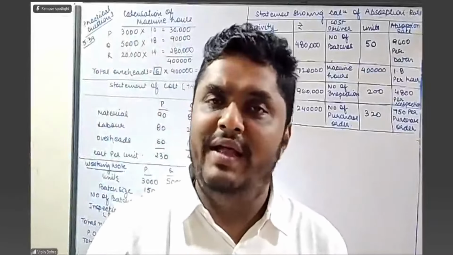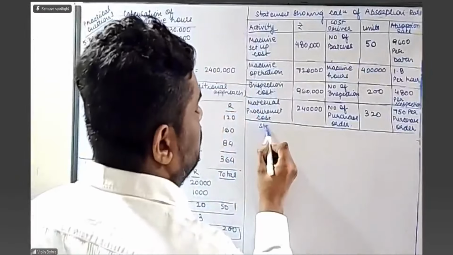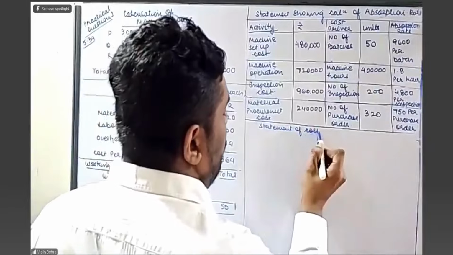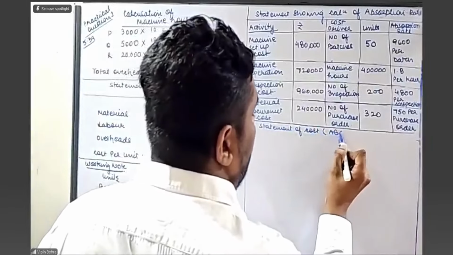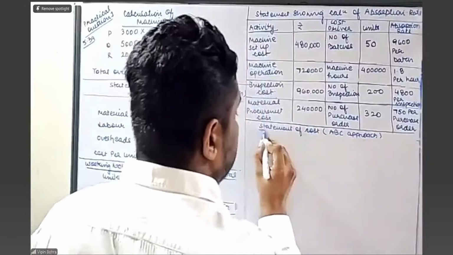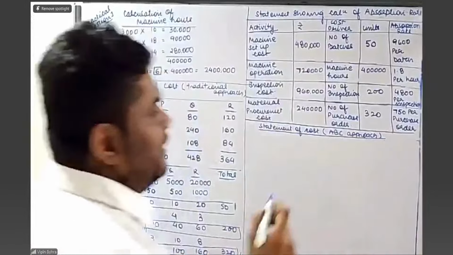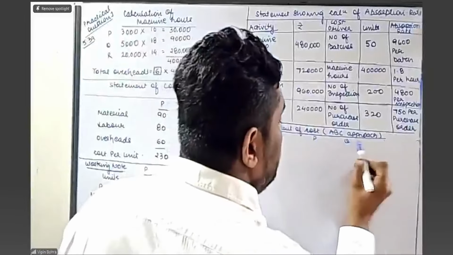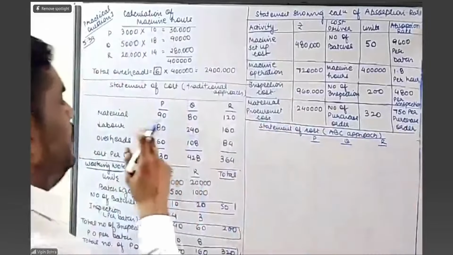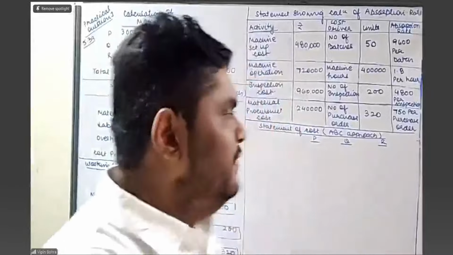Now the last part, that is statement of cost. There are three products, P, Q, and R. When talking about material and labor, we will calculate the total and multiply it by the number of units.